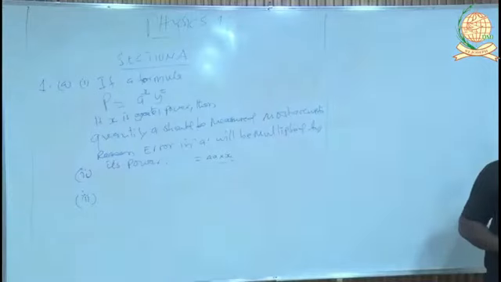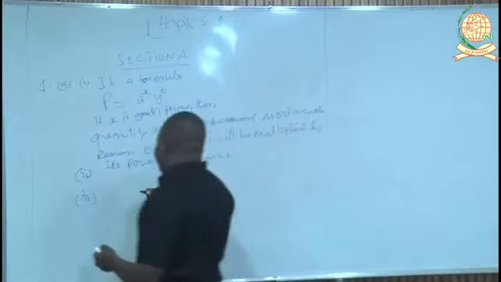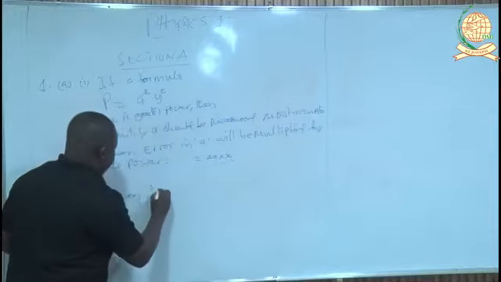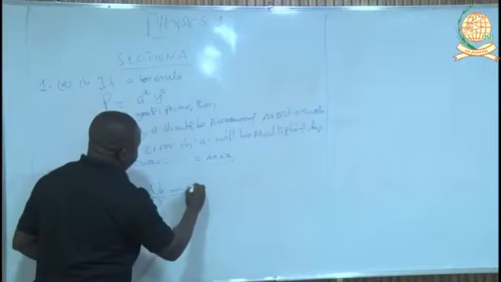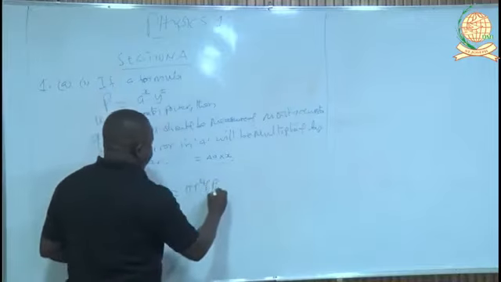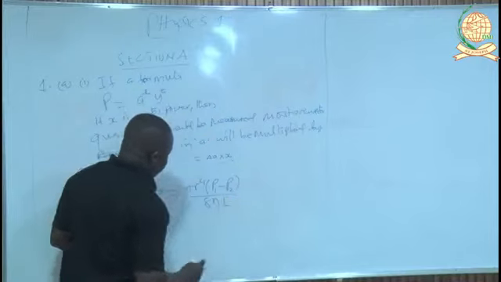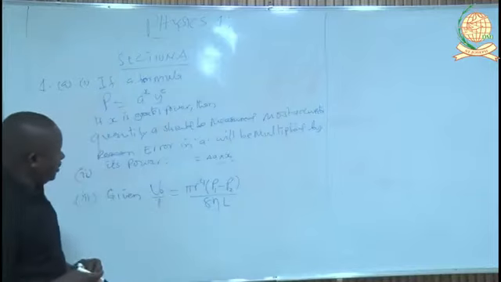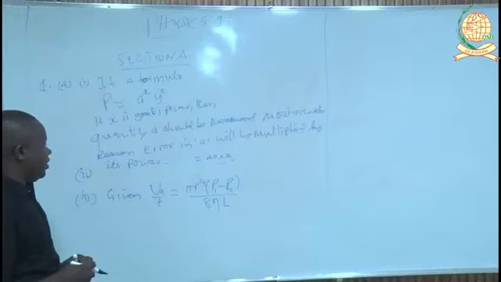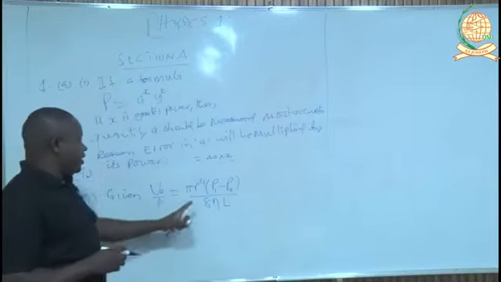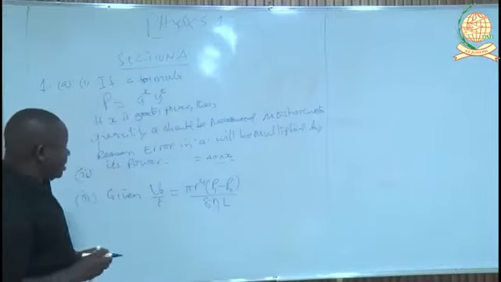We have been given the viscosity of a liquid flowing through a capillary tube of length L and radius R, as given by the formula: volume over time equals pi R to the power 4 times (pressure 1 minus pressure 2) over 8 eta times L. R is the radius of the pipe, P1 is the pressure at one end of the pipe, P2 is the pressure at the other end, eta is the viscosity coefficient of the fluid flowing in the pipe, and L is the length of the pipe.